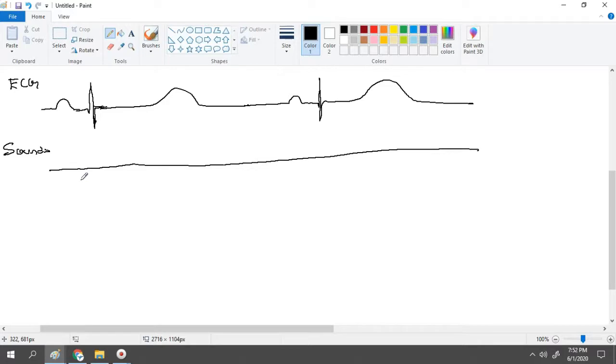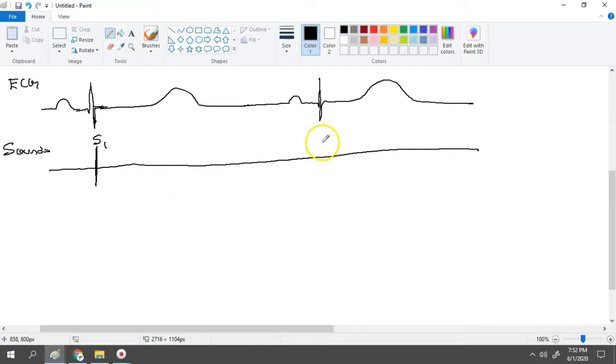So ventricular pressure becomes more than the atria when the ventricle is contracting. If I were to ask which part of the ECG corresponds to the ventricular systole, you will quickly point to the QRS. So the first heart sound, S1, corresponds to the QRS complex.